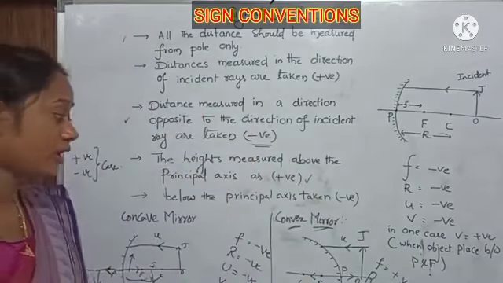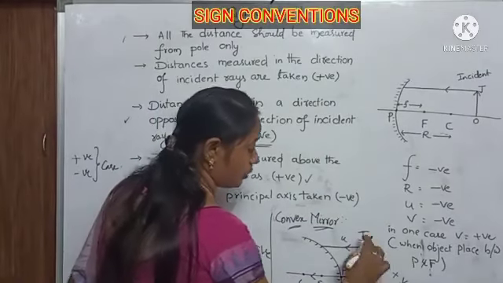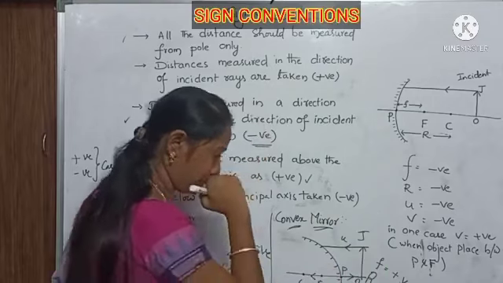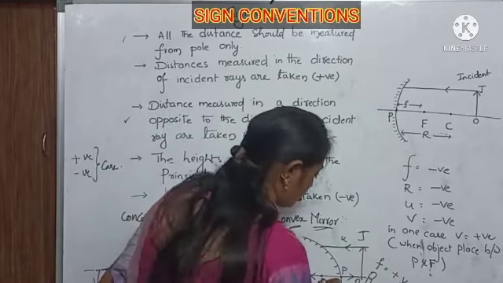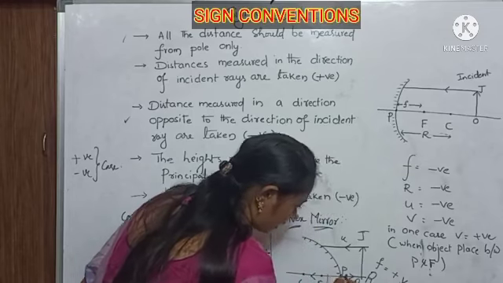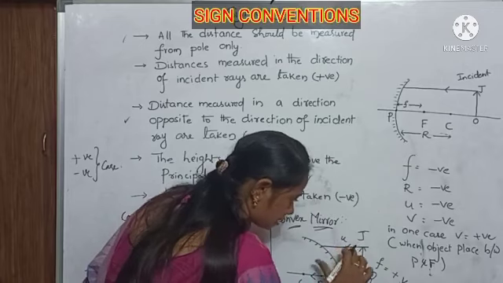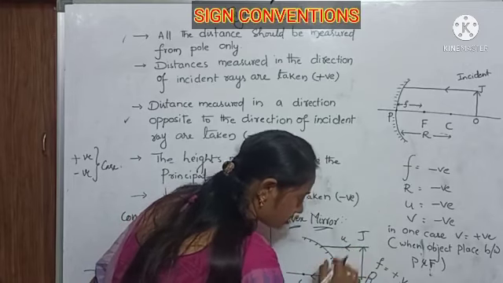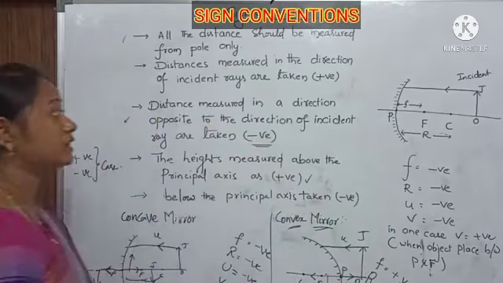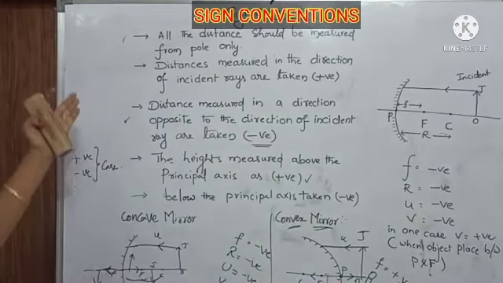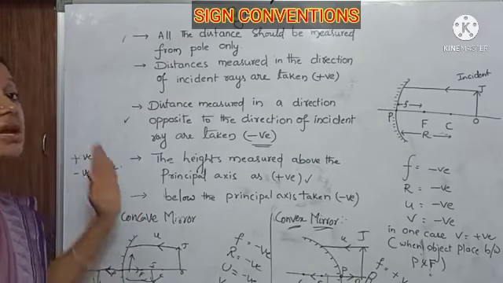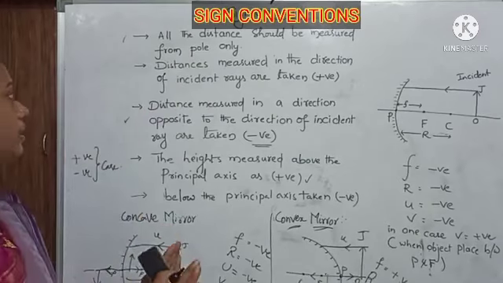Next, image distance. If the object is here, the image will form inside the mirror. The measurement is taken along the incident ray direction, in the same direction, so it is positive. These are the five cases we have to remember. First, all distances should be measured from the pole only.